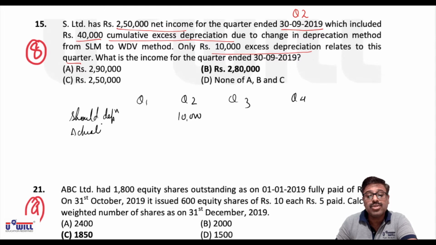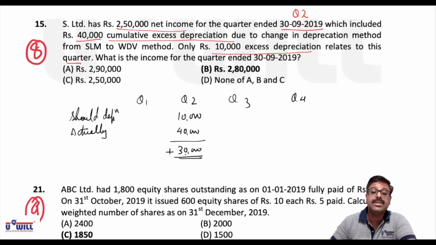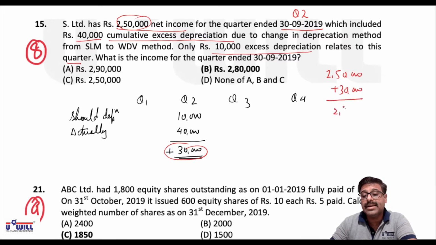But what we have actually done in quarter 2 is we have taken 40,000 of depreciation, an excess 30,000. If you remove that excess depreciation, the profits will increase. So presently 2,50,000, in that you add 30,000, you'll get 2,80,000. So correct profit for this quarter will be 2,80,000.